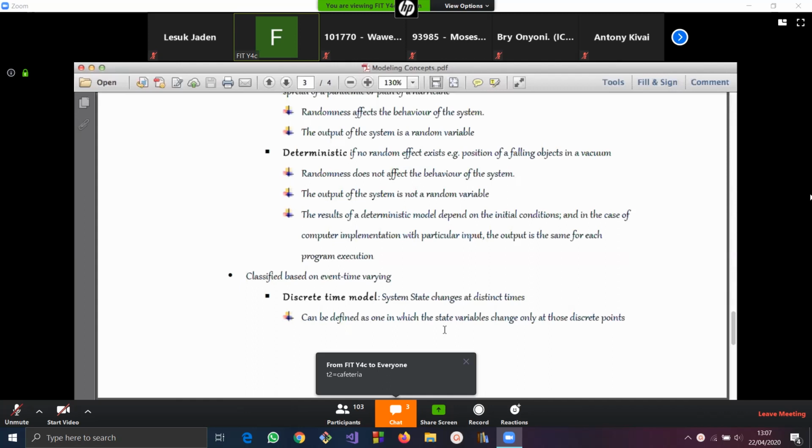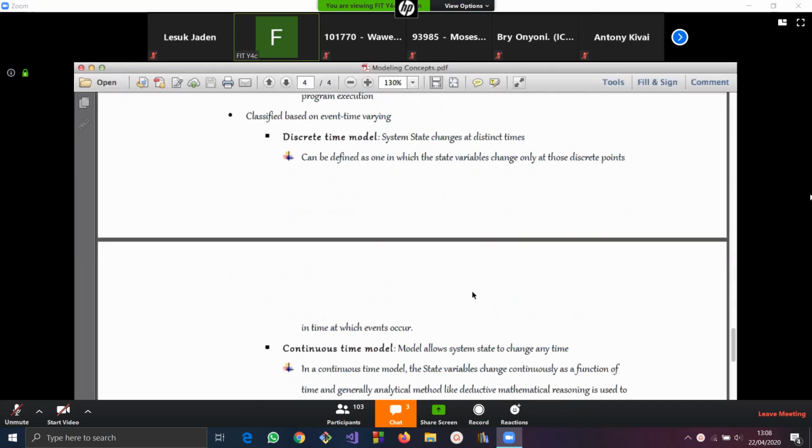T1 is the initial time, T2 is maybe the final time. What is happening with the student is dependent on time. In that case, we call it distinct time, and therefore that becomes a discrete model. There are things we can actually model in that manner. It can also be defined as one in which the state variables change only at those discrete points in time at which events occur.